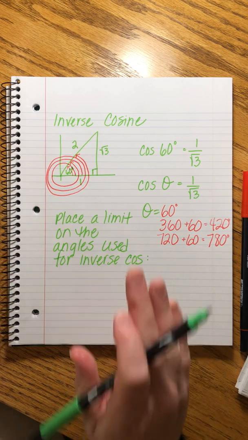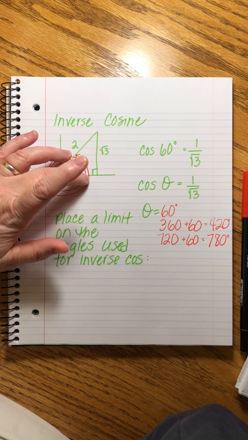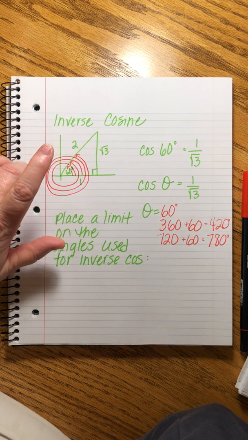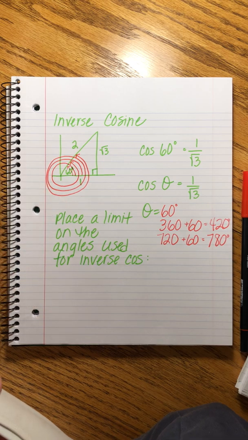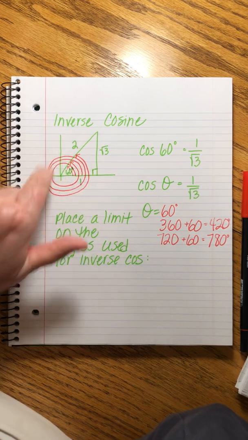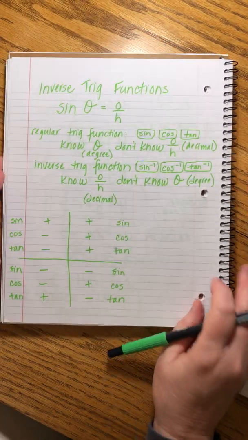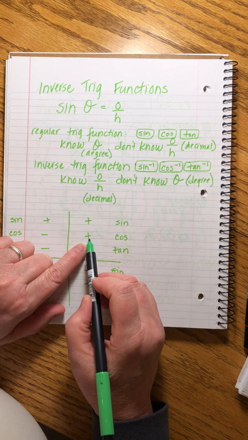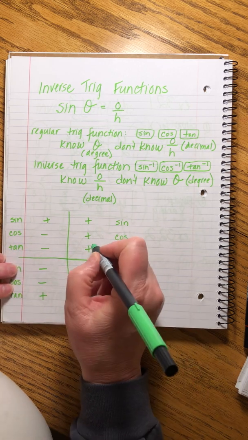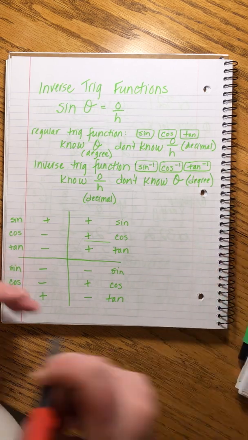What we're saying is we need to make sure that we have enough angles so that we can come up with every possible cosine, positive and negative, but we wanna limit it. We don't wanna allow ourselves to keep spinning. So we're gonna have to allow all of these first quadrant angles, because that's where all the positive ones will be.